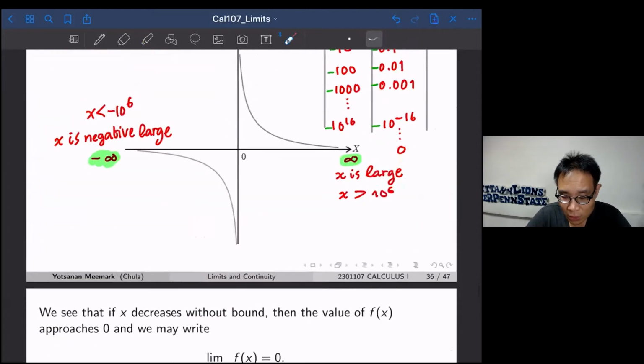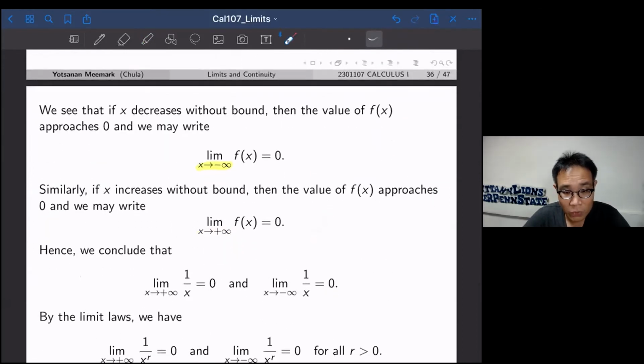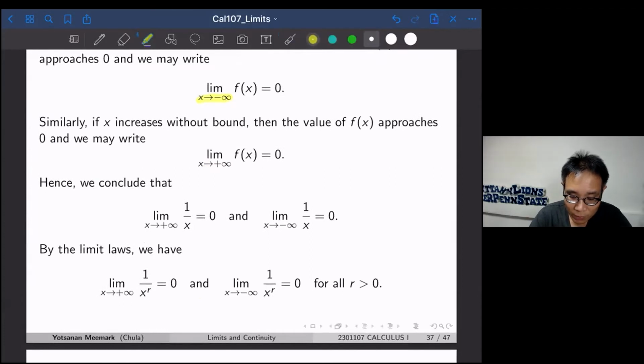Limit as x goes to positive infinity and negative infinity give you the same value, 0. So we may conclude that the limit as x goes to infinity of 1 over x equals 0, and the limit as x goes to negative infinity of 1 over x equals 0 as well.